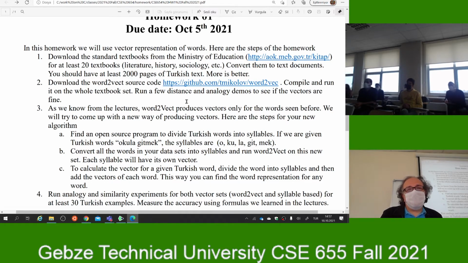But the problem is that Word2Vec and GloVe don't work very well for Turkish text. Why? Because these vector representations take the word itself. For example, oku and okudum are two Turkish words. Okudum, okumuş, okumuşlar, okumuşlardı.